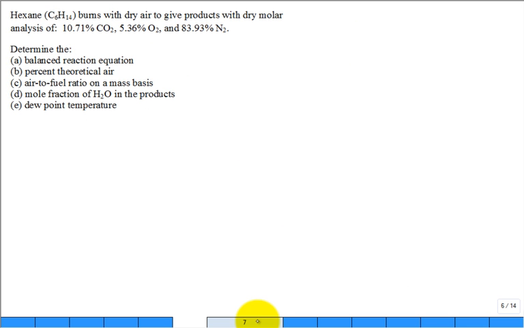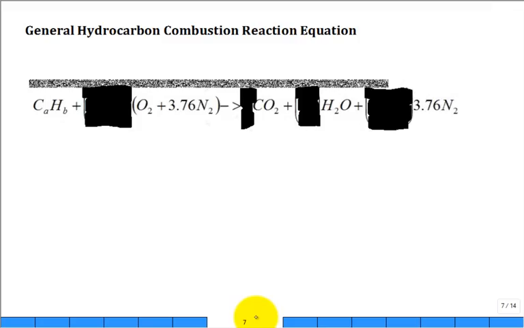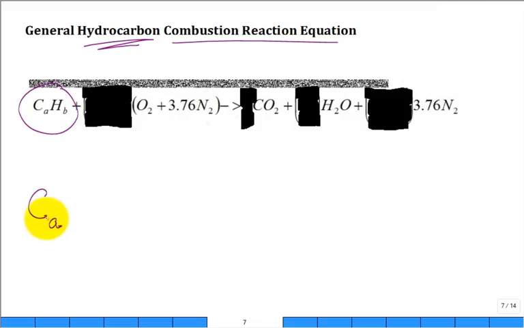I don't think we have time for this problem, but we do have time for this problem. A lot of times they'll just have a general hydrocarbon combustion reaction equation. They'll say the general fuel is C with the subscript A, meaning A could be 2, 3, 4, whatever, and H with the subscript B. B could be 4, 8, 10, I don't know.